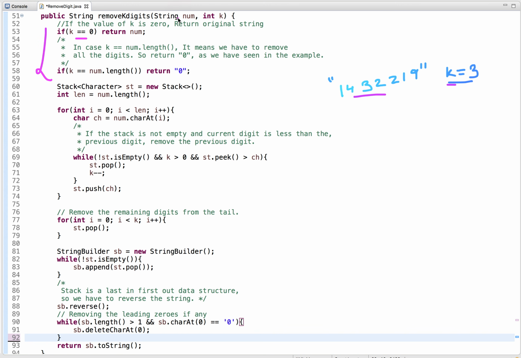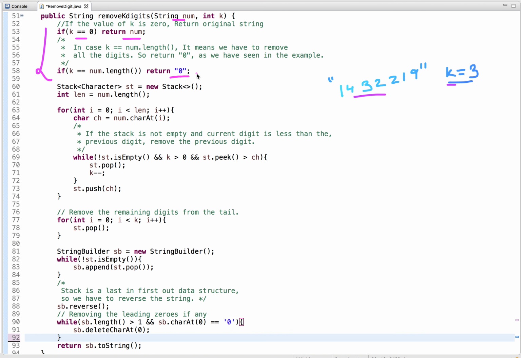So here are a few conditions. If the value of k is 0, meaning we don't have to remove any digit from this number, simply return this number. And if the length of k and the length of this number are equal, then we have to remove all the digits from this number, so return 0.